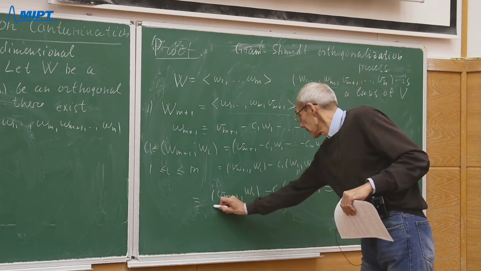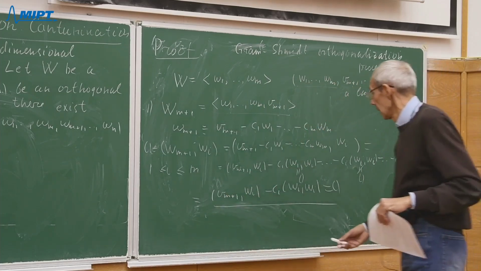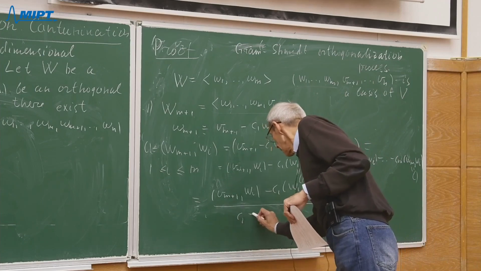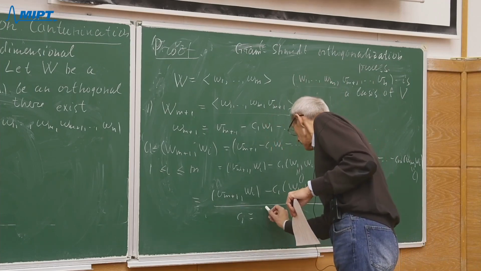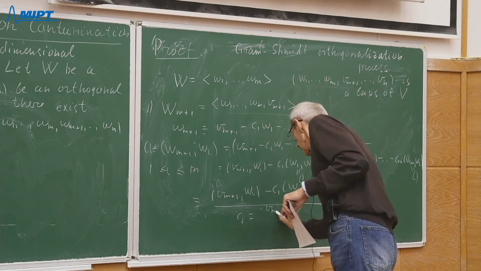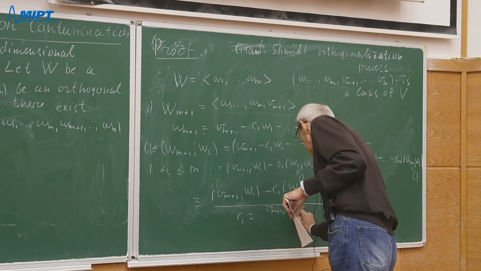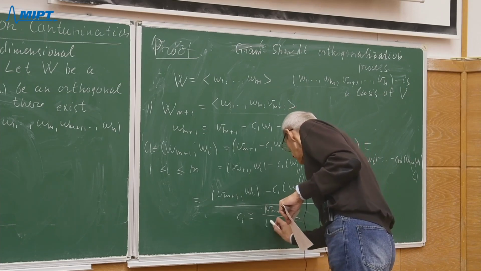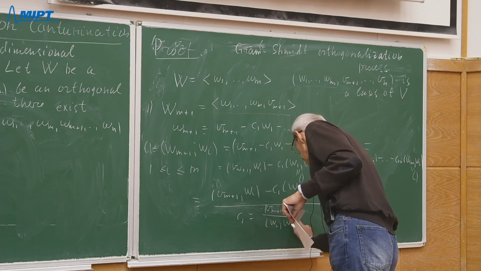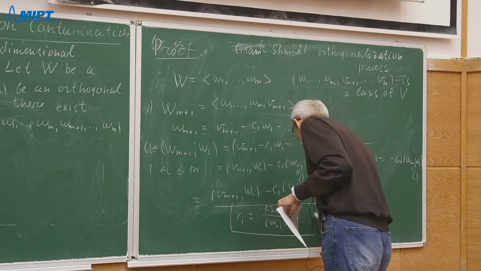From this expression, we can calculate Ci, which is equal to the ratio (Vm plus 1, Wi) over the scalar square of Wi.